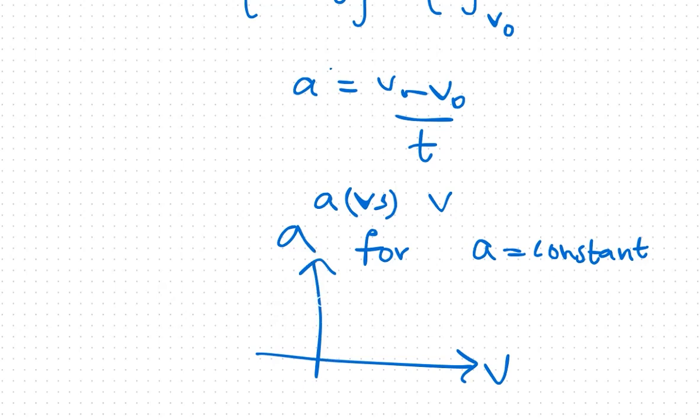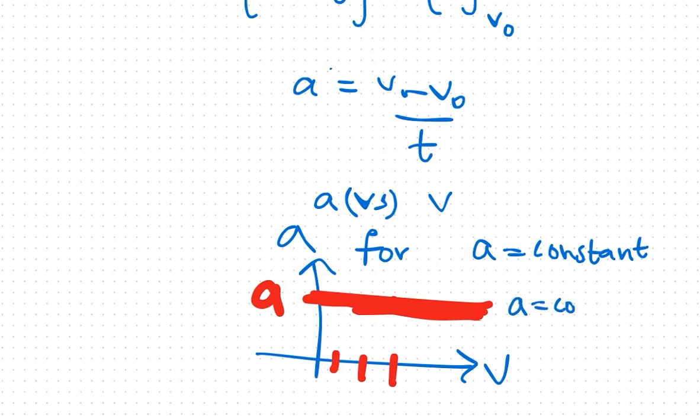Let's say at this point, it will be a. For this point also it will be a. For this point also it will be a. So you get a horizontal line. But then, what happened? In the previous case, we assumed it wouldn't be that.